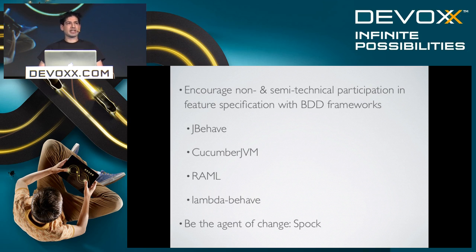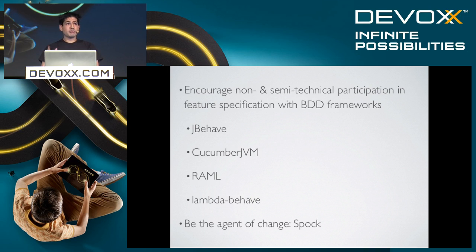This is a nice new clean Java version from the ground up. RAML, if you've not come across this, is a new one for specifying how REST APIs should work. Lambda-Behave, if you can, go see Richard Warburton's talk on this time round. Lambda-Behave is a great way to test your code using Java 8. It's very native. None of this AssertJ stuff is needed.